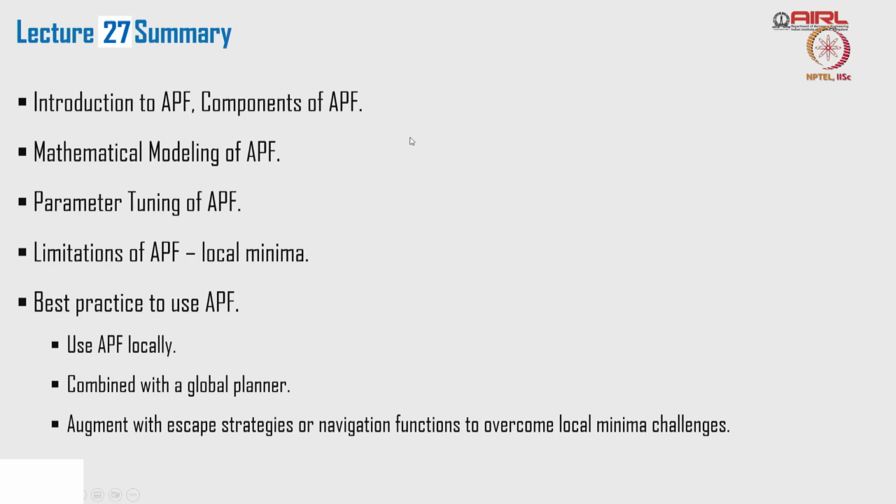In summary, we talked about the artificial potential field. Remember, before starting the course, I made the assumption very clear. We have a sensor, and the sensor is able to see the threat, right? What does it mean? Sense and avoid.